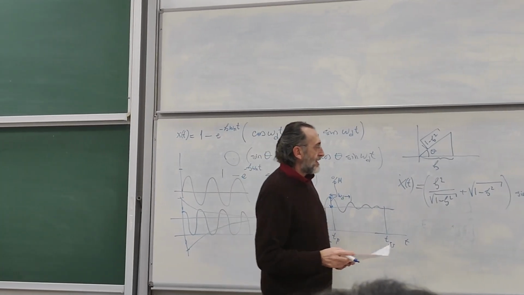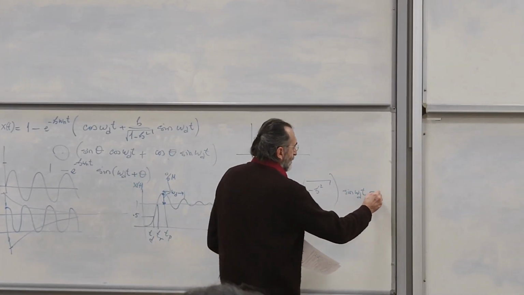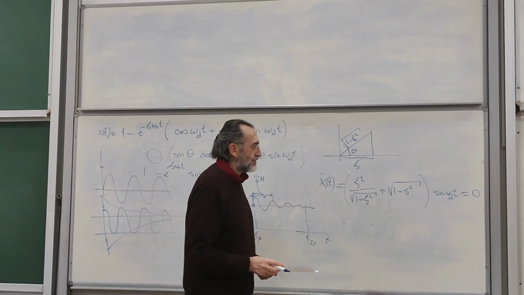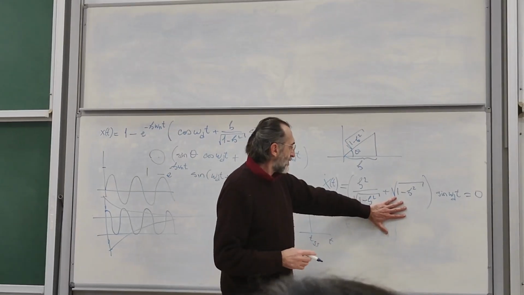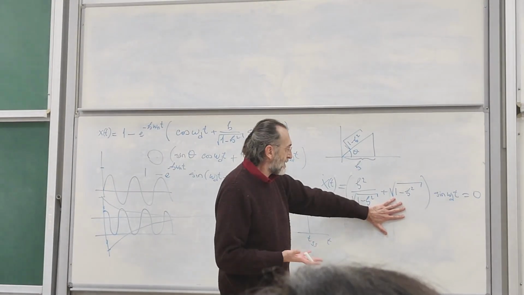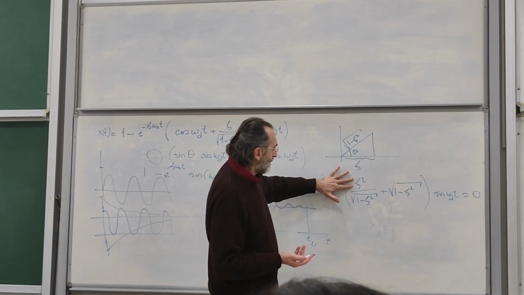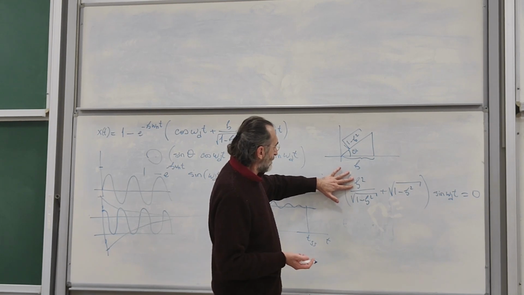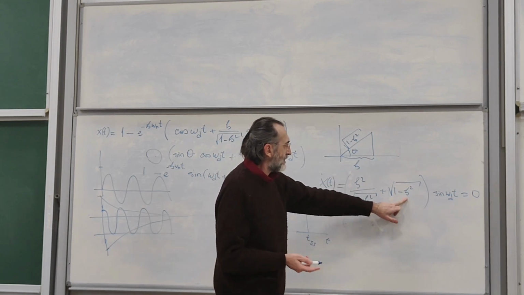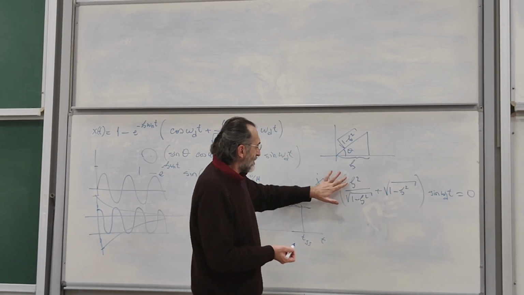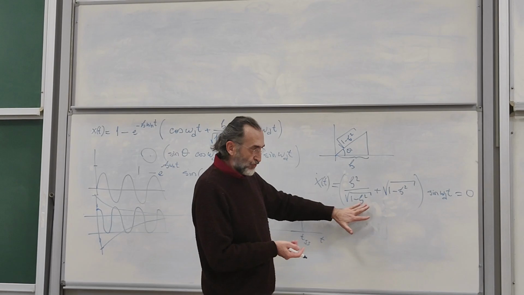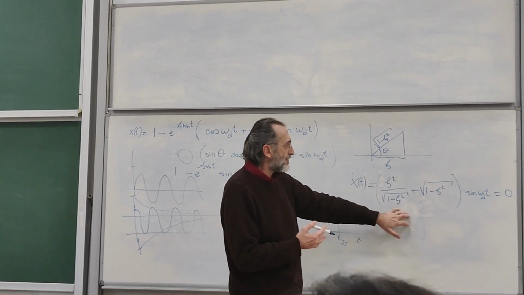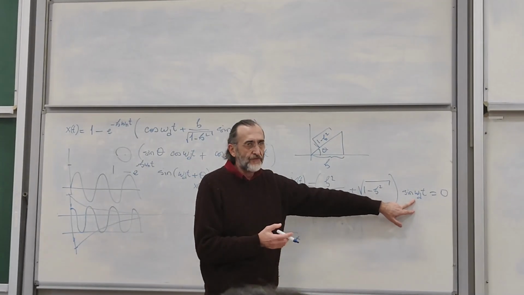If you set this equal to 0, then this term you don't care about, because it probably never becomes 0. This becomes 0 if zeta is 1, and this becomes 0 if zeta is 0, so the two don't equal 0 at the same time. But this can be equal to 0.